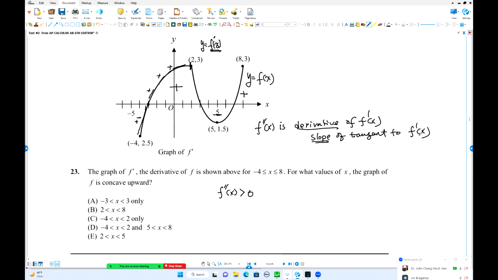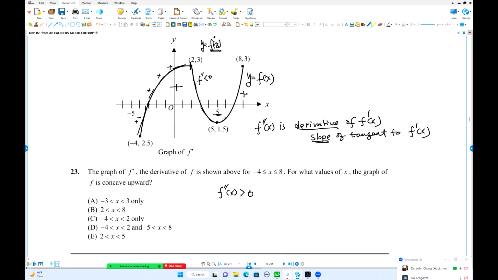The slope of f prime x from negative 4 to 2 is positive. That is concave up, right? Not concave down. For the slope of this one, a negative number, the second derivative is less than 0. Concave down, right? Concave down over here.